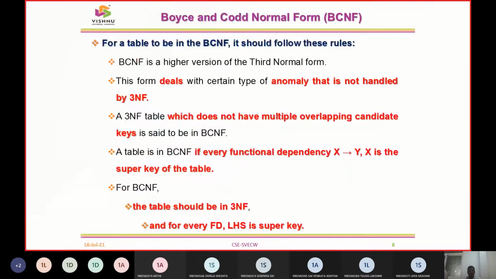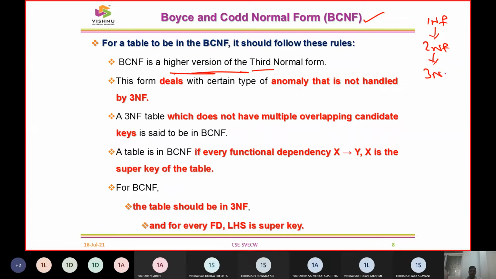Okay. After the third normal form, we are going to have the Boyce-Codd normal form. So what was this Boyce-Codd normal form? It is going to be the next higher version of third normal form. So we have first normal form followed by second normal form.